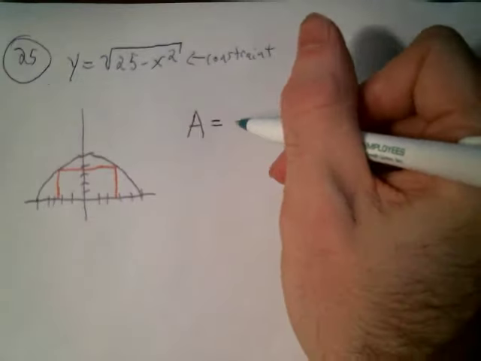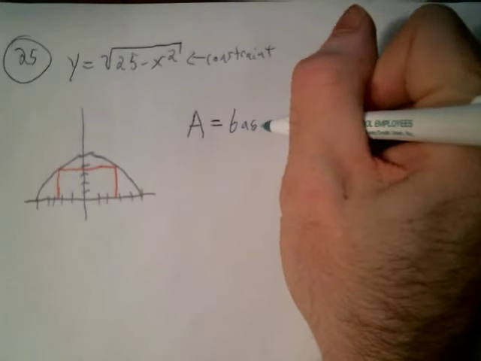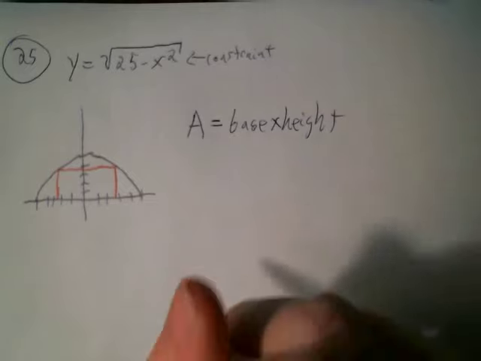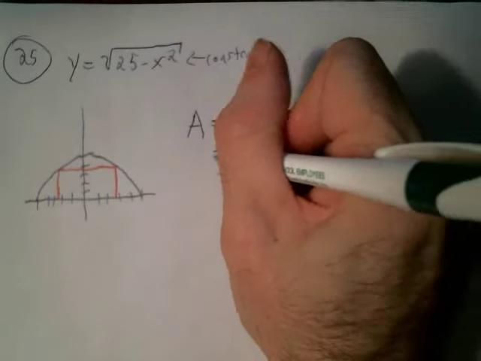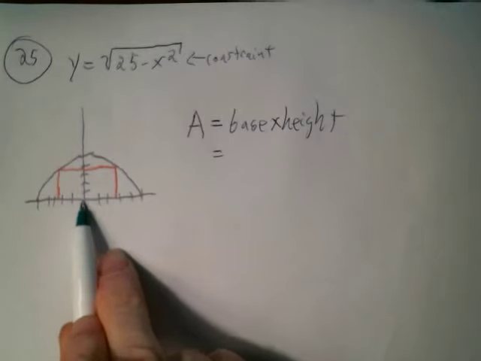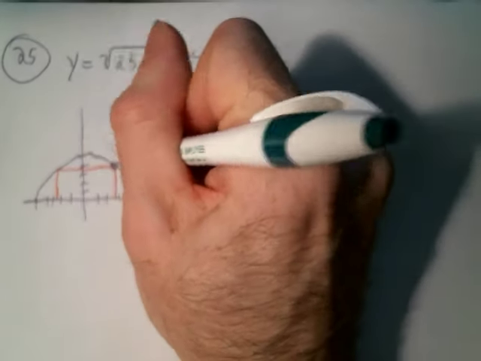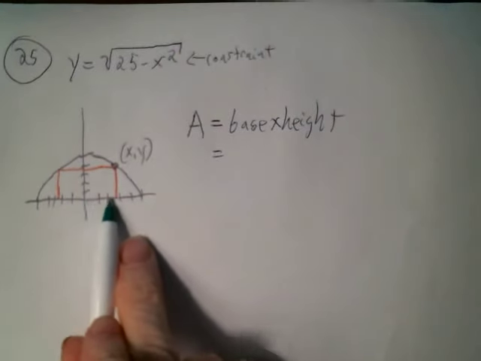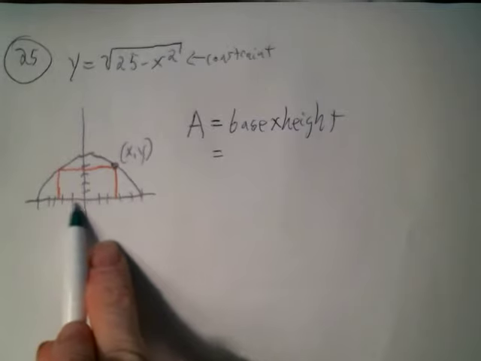And we want to put this area formula in terms of, I guess, x's and y's, right? So if this point is x comma y, the base of the rectangle is actually 2x. Okay, so there's 1x here and then there's 1x here.